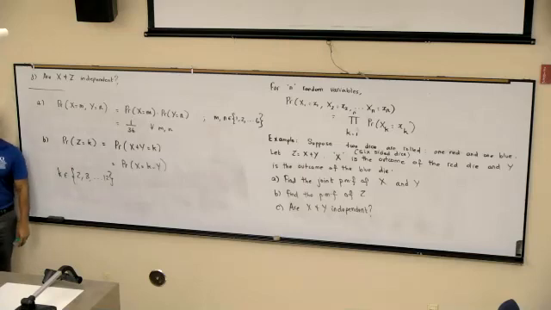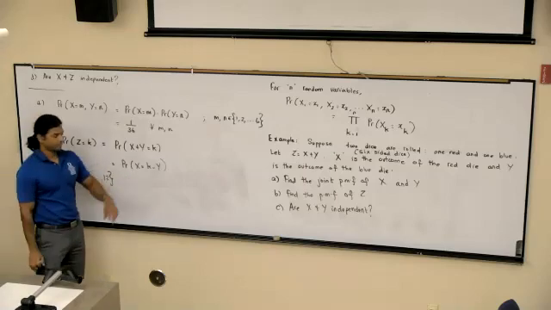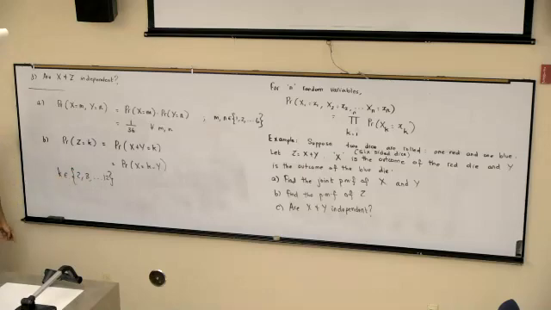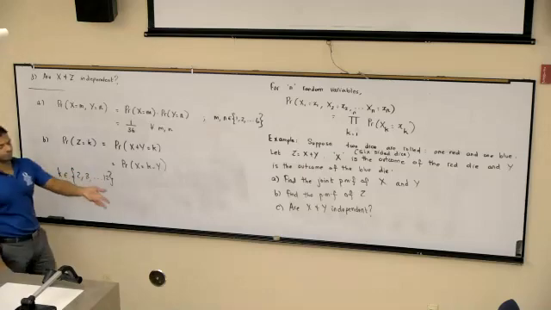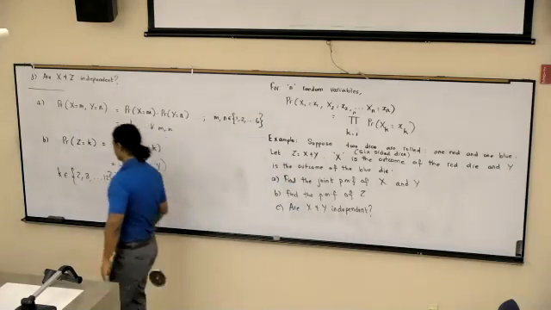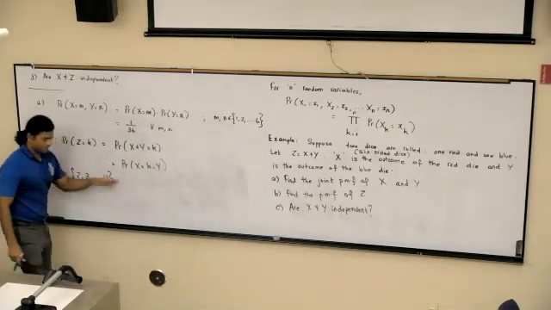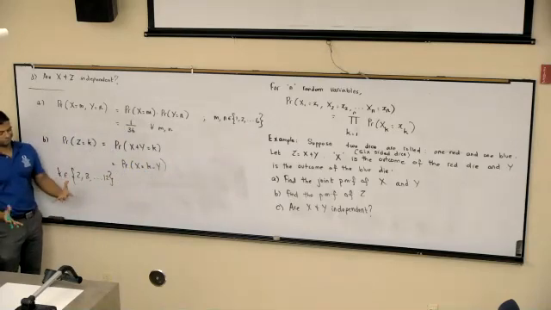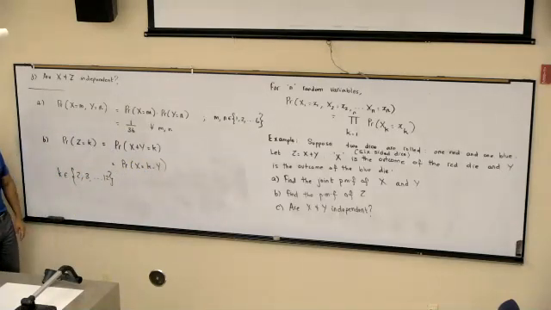What are the possible values for y? 1 through 6, because y is the outcome of the red die, which will only take the values 1, 2, 3, 4, 5, 6. I'm going to do it in this way because I want to use it later on.